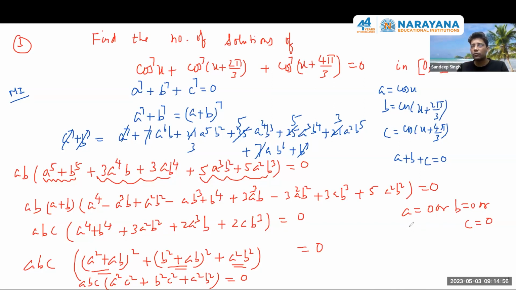How many times in 0 to 2 pi? 2 times. And by rotation through 120 degrees each, 2 here, again 2 here, and again 2 here. So the number of solutions is 6. Can you check this? Number of solutions via method number 1. Is it all right? Please check.